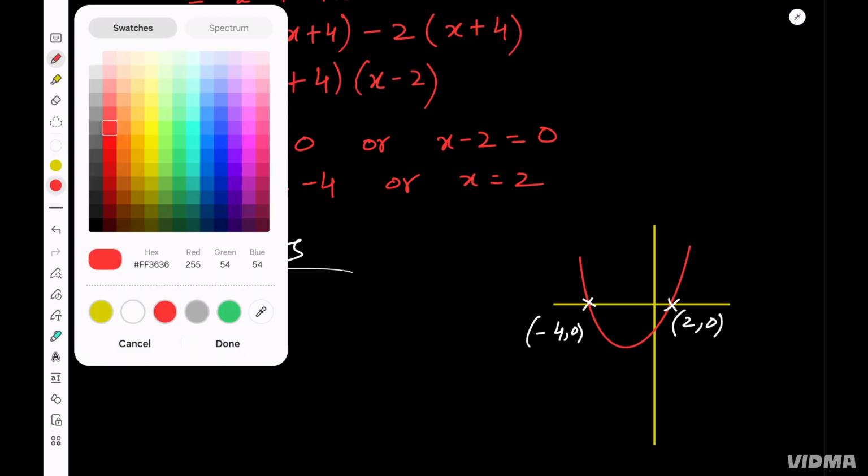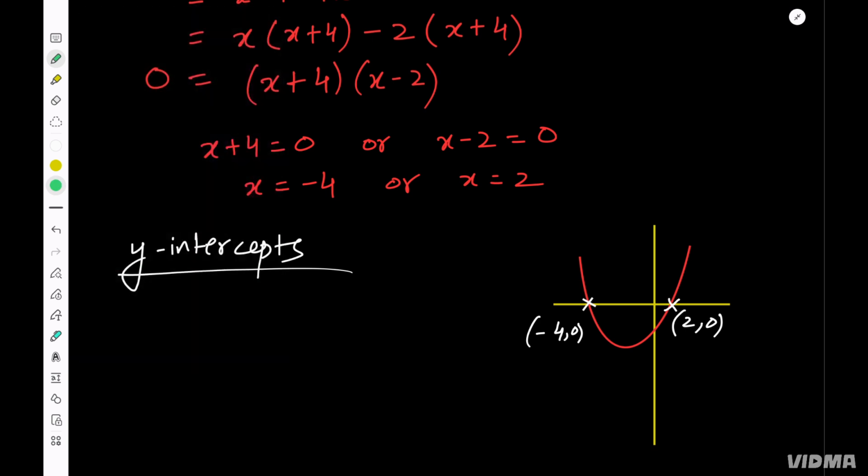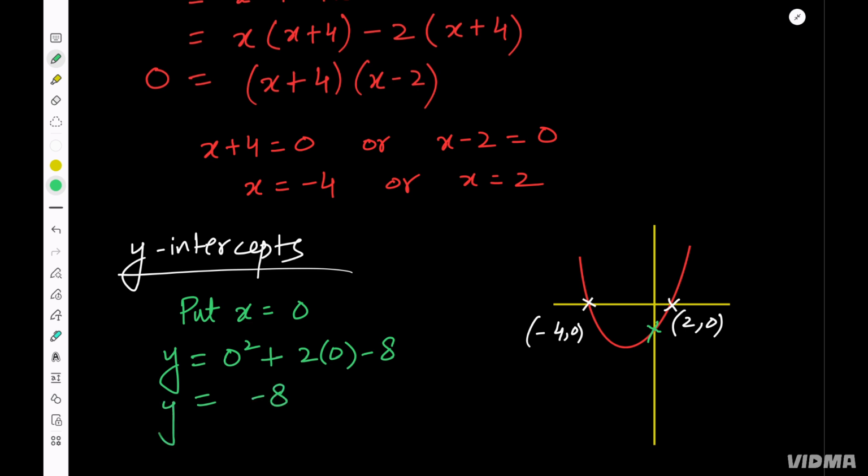Basically, we have this point as our y-intercept, so we need to find this. In order to find the y-intercept, we have to place x equal to 0. So y equals 0² plus 2 times 0 minus 8. So y is equal to minus 8.